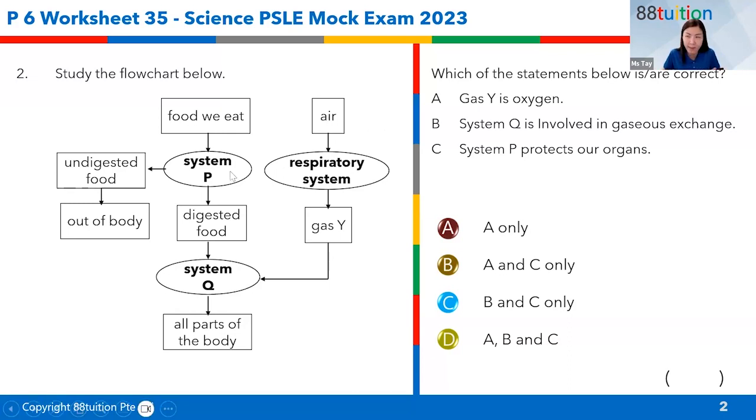So system P, what is system P? Quickly tell me. Once I see that y'all got it right, then you can tell me what gas Y is, and what is system Q? Yeah, so fast. I haven't even asked all of you to type in. Yes, very good. So I'm going to write down what you have written. So this is the digestive system.